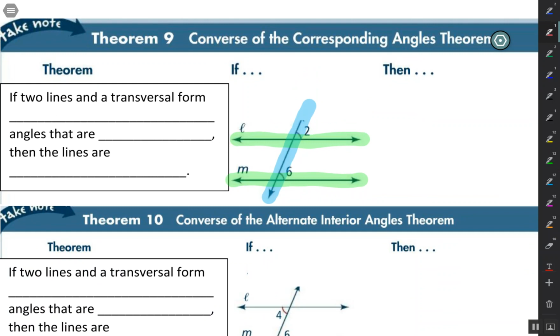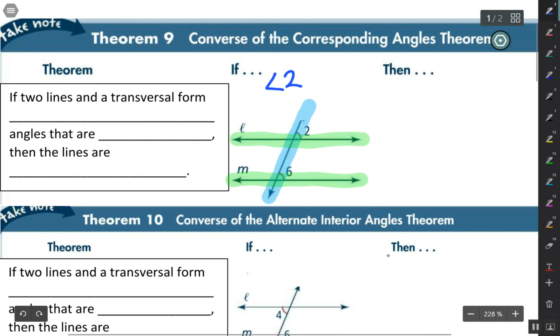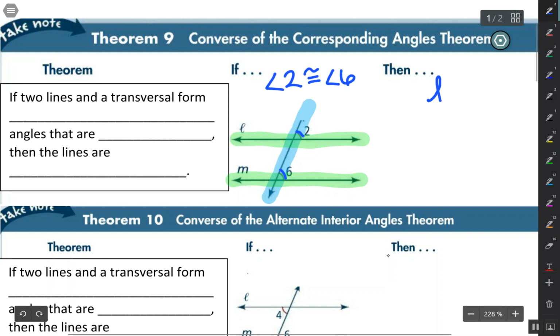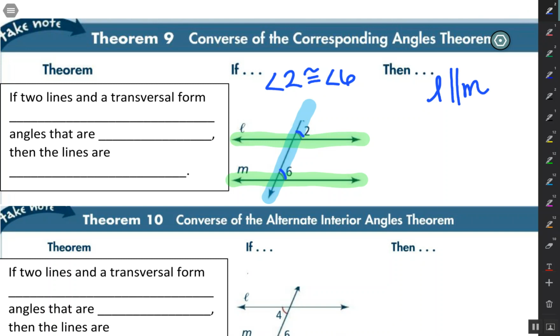We don't know that the lines are parallel. Instead, let's say that we know that angle 2 is congruent to angle 6. Those are corresponding angles because they're in the same position. The conclusion would then be that the lines L and M are parallel. So if corresponding angles are congruent, then the lines are parallel.